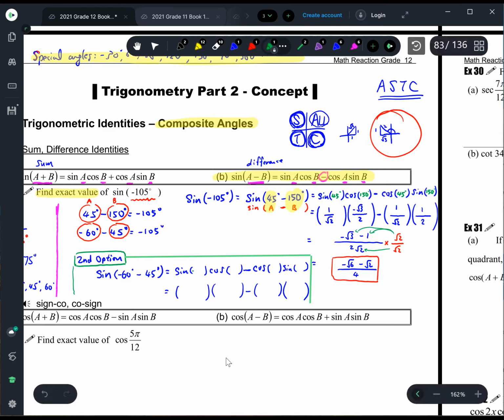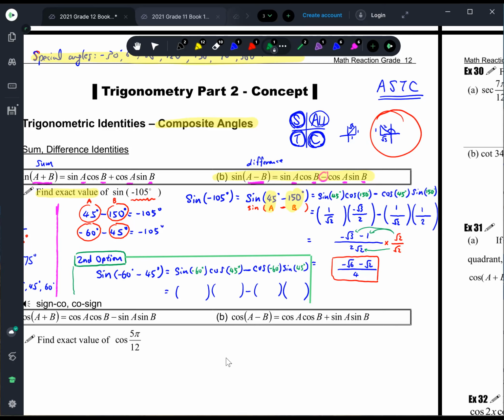Okay, -60, that's our A. You just go in order, right? A, B. And then for each one, you need to draw the angle. -60, where does it go? Okay, 45 degree, where is the angle?